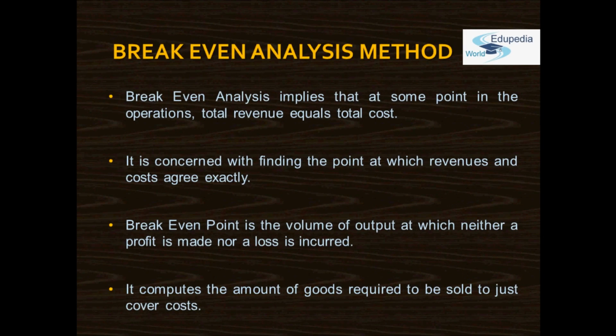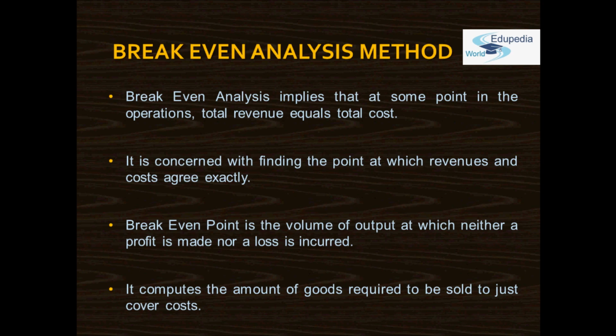You're well aware of the concept of break-even. Break-even analysis basically implies that at some point in the operation, the total revenue equals the total cost. When we start a new plant at a new location, it incurs some cost. And the cost can be divided into two types.